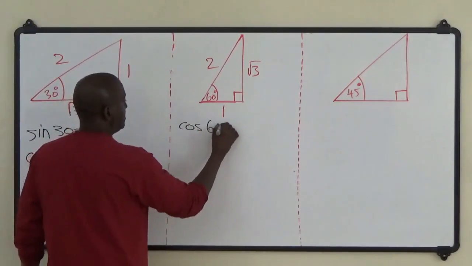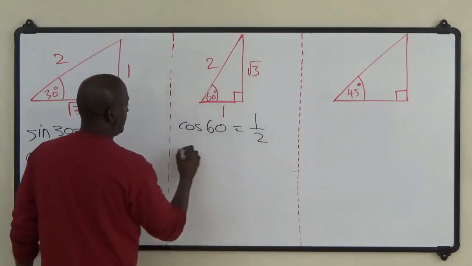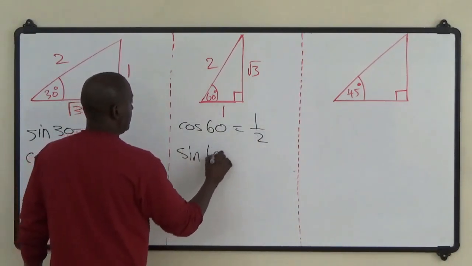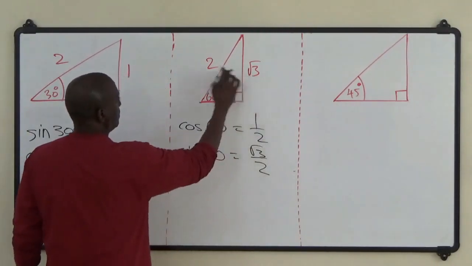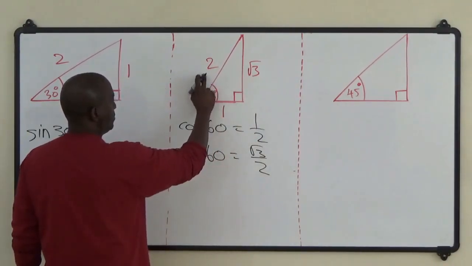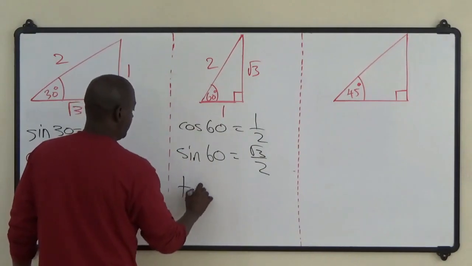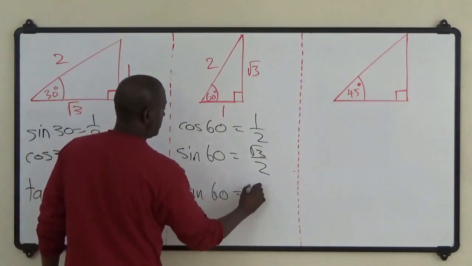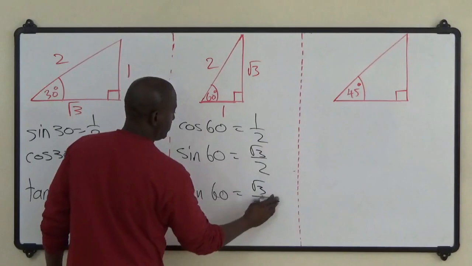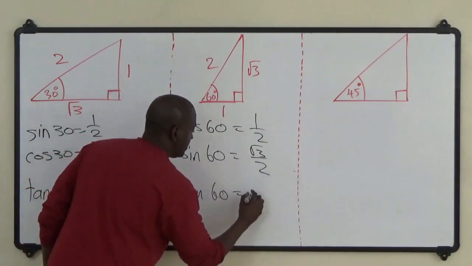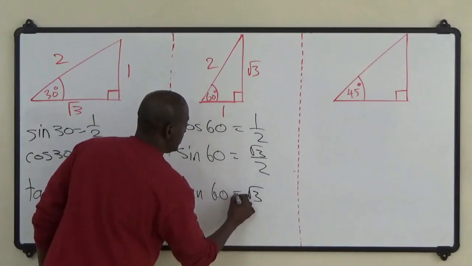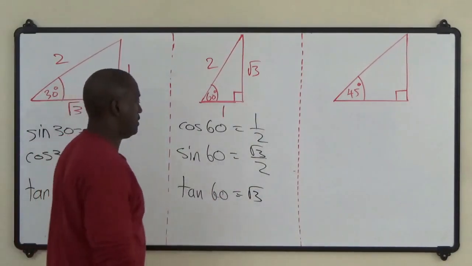The cosine of 60 is equal to a half. So the sine of 60 is equal to root 3 over 2. Right? That's opposite over hypotenuse, sorry. And then the tan of 60 is equal to root 3. Right? Root 3 over 1. The tan of 60 will just be root 3 over 1.